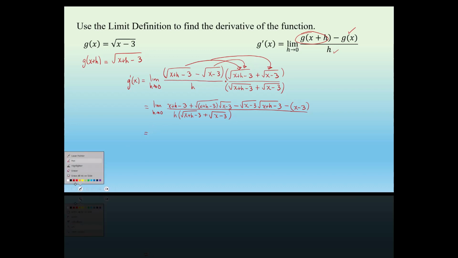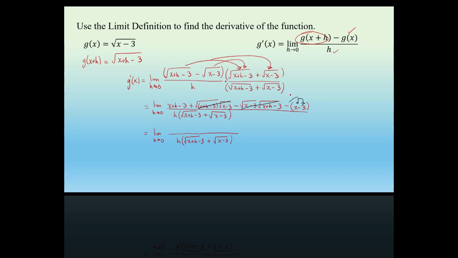All right, so now let's clean up what we can. These terms cancel each other. We're going to distribute the negative 1 on the inside. Rewrite my limit definition. Keep my denominator intact. No reason to distribute. All right, let's see what we have left on the top.